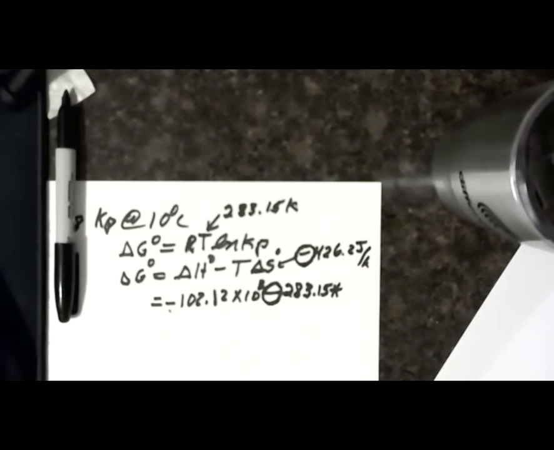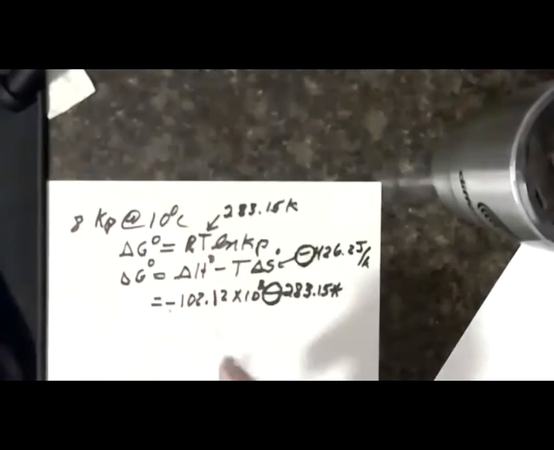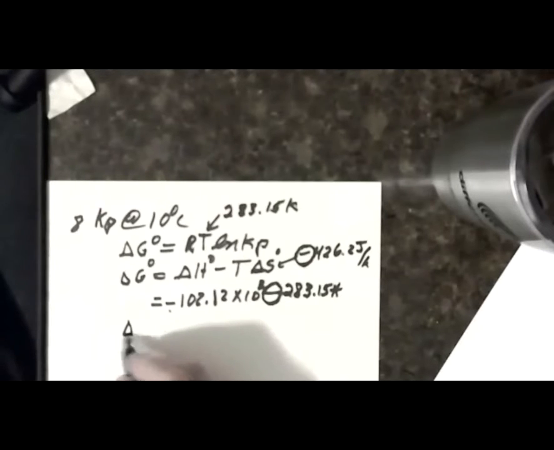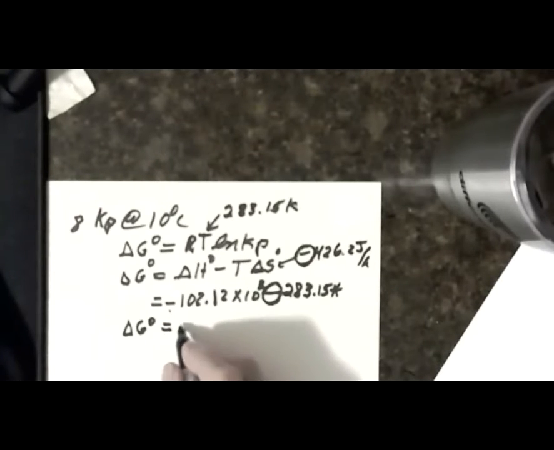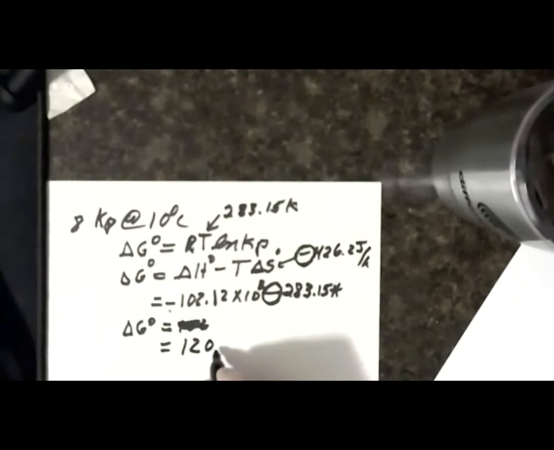And then I want to subtract 102.12 from that. And what I came out with is delta G superscript is 120,576.41. That's in joules.